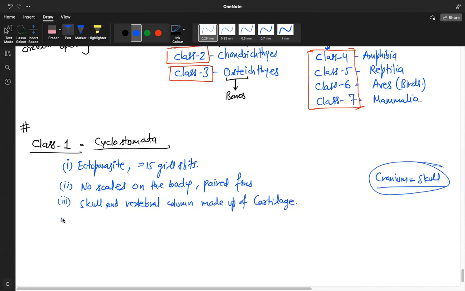And fourth, circulation is of closed type. I think circulation is closed in all the vertebrates because that is a feature of a chordate, isn't it? So all chordates have closed circulatory system. Do you know any chordate which has an open circulatory system?